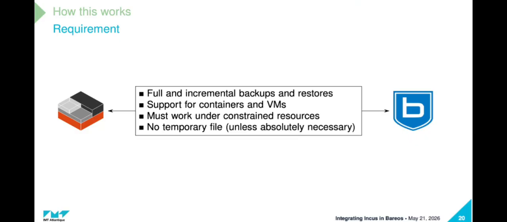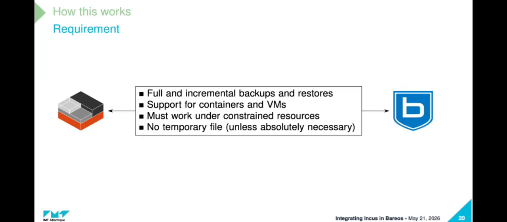I also wanted to be able to back up and restore on servers that had very constrained resources. So for example, we have a few servers that have more than half of their storage occupied by a single instance that we want to back up and restore.